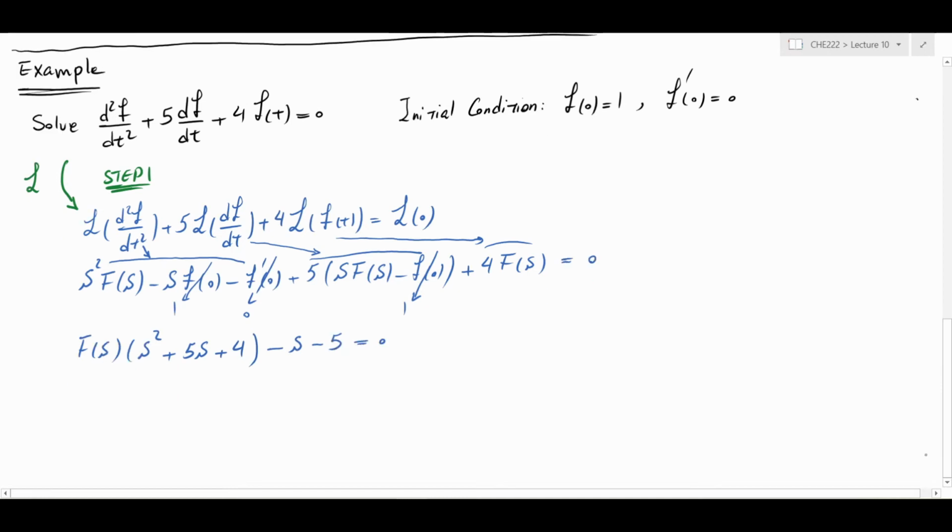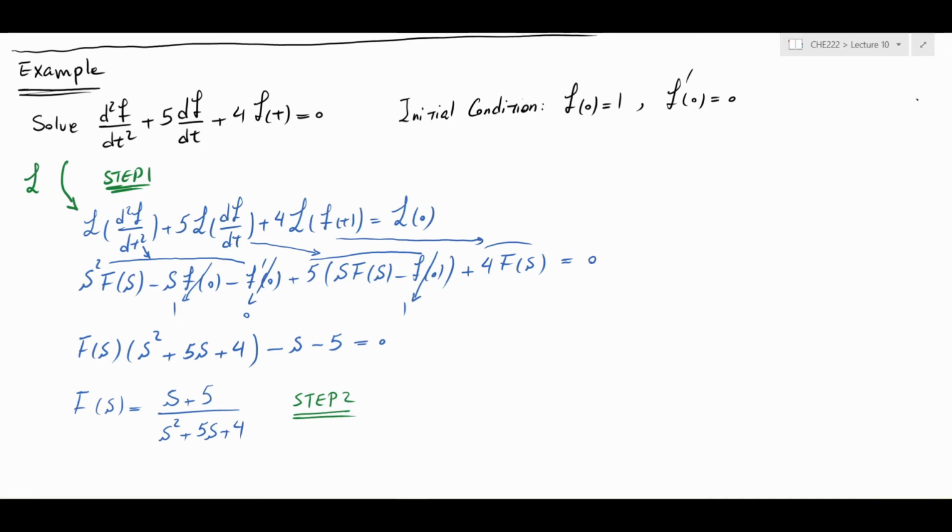Finally, I can solve this algebraic equation to obtain an expression for capital F(s). So this is our step 2. By the way, if you refer to the textbook, the way it shows this solution is in the form of F(s) equal to capital N(s), which stands for the numerator, over the denominator of the function, called capital D(s).